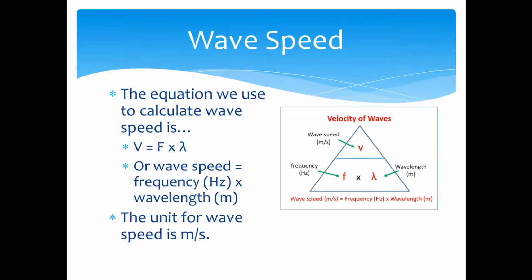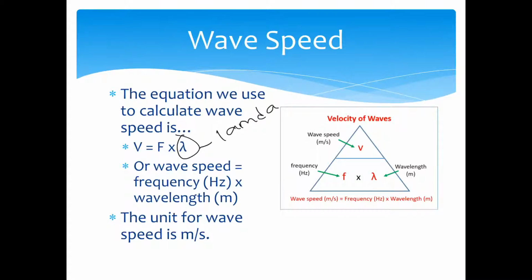The equation we use to calculate wave speed is velocity equals frequency times wavelength. This symbol here is the Greek symbol for lambda, and that is what we use to symbolize wavelength. Just below that, I have put the equation into words, just in case that symbol throws you completely off.